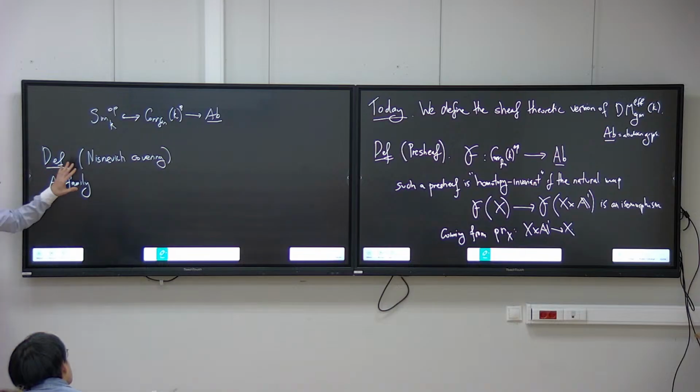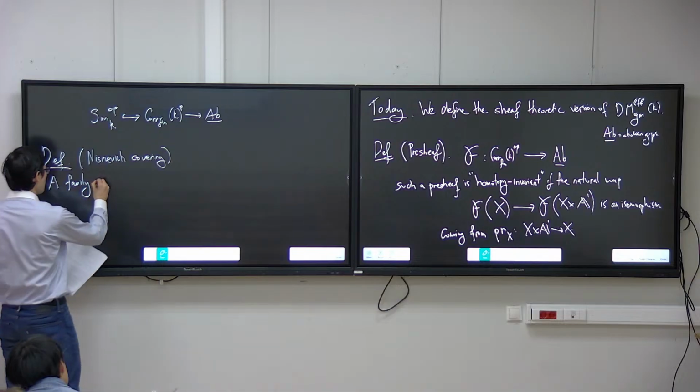For K-theory, for example, K-theory doesn't satisfy descent for the Étale topology, but it does for the Nisnevich. So this is one reason why it's natural to set up a framework with the Nisnevich topology, because later on we want to compare motifs with K-theory. That's one of the motivations for building motifs.